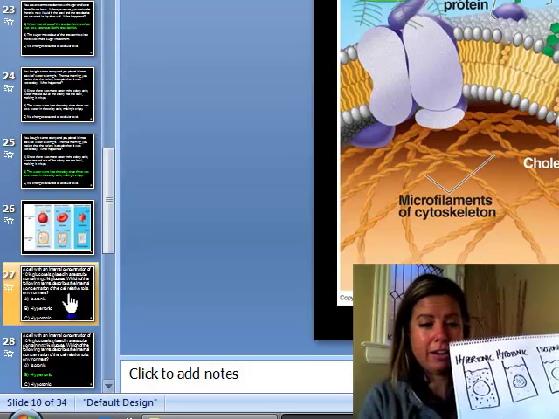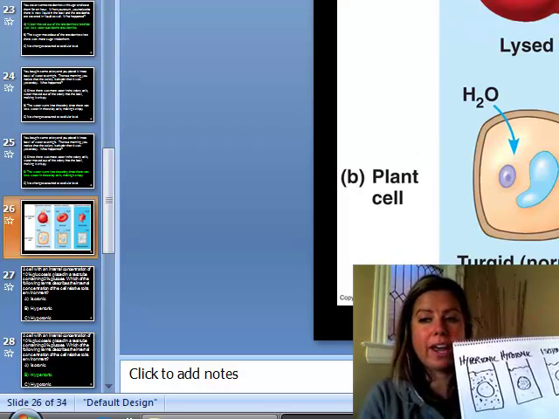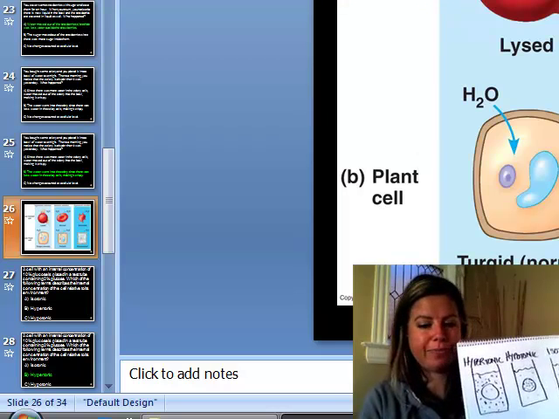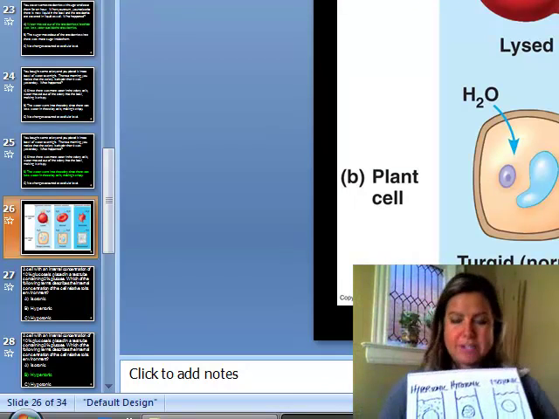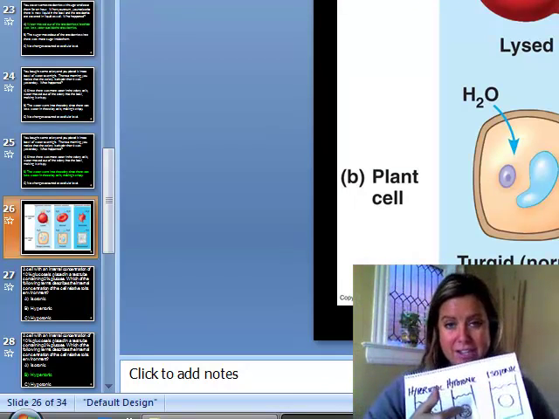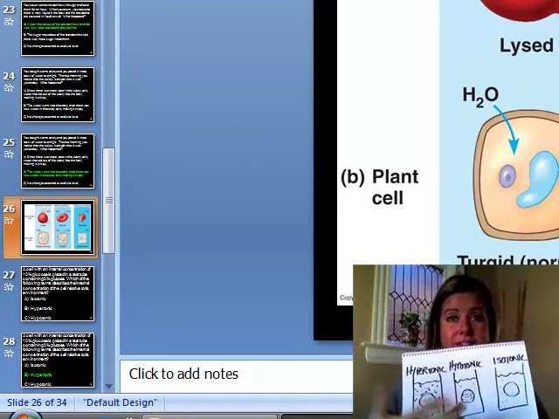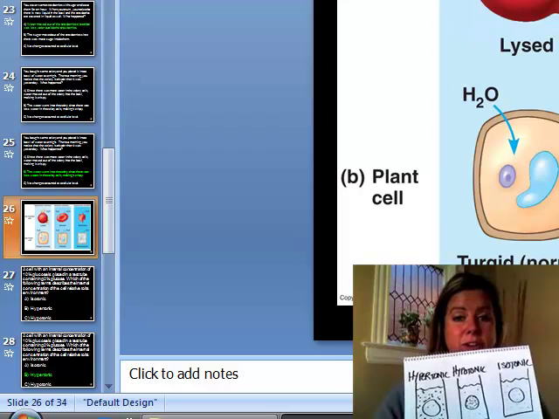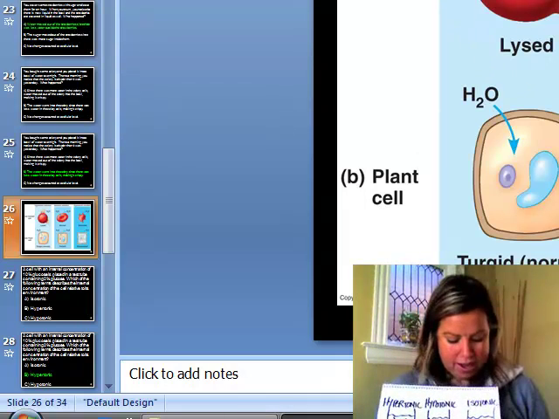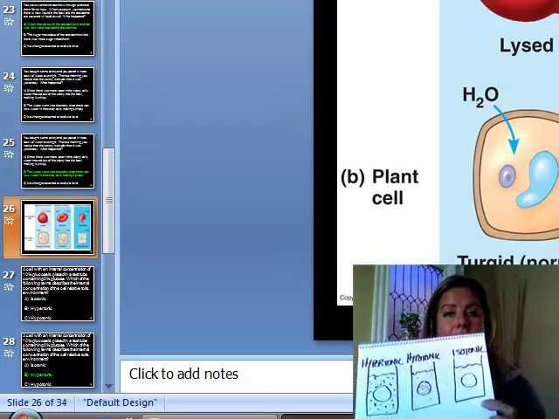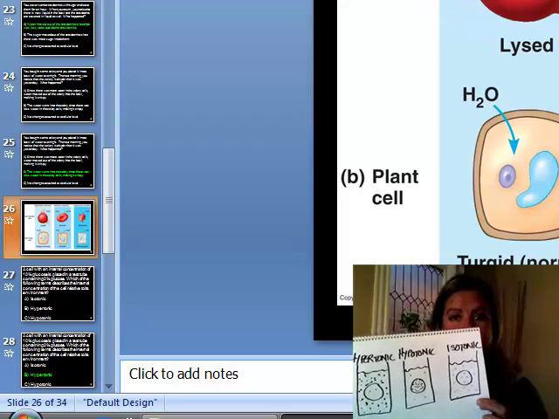There it is. Okay. So water going out, it's going to shrivel up the cell. Now, in this next situation, hypotonic, water is going to go into the cell. It's just going to keep going into the cell until eventually the cell explodes, and that's this situation here, and that's called lysing. Then, in this situation, this is when an animal cell is happy because it's in an isotonic solution.